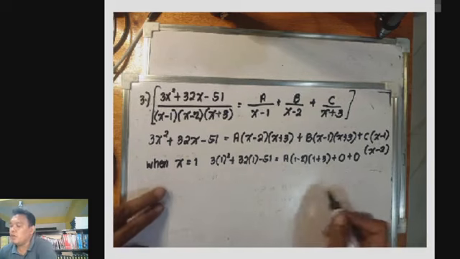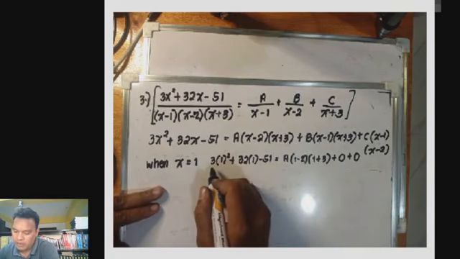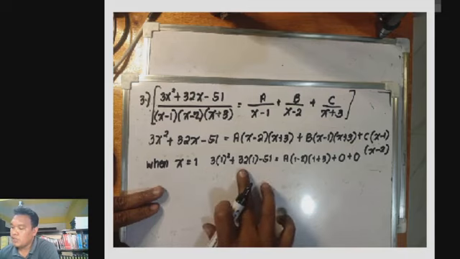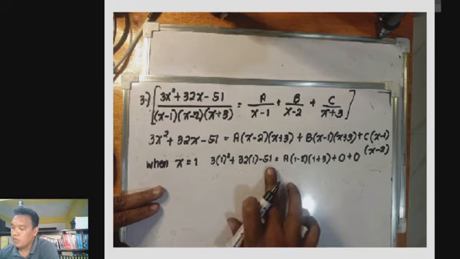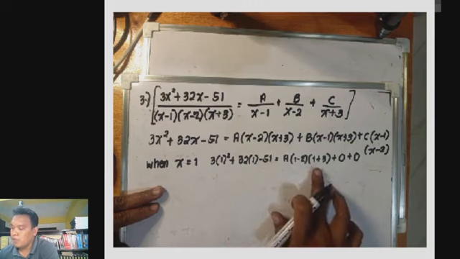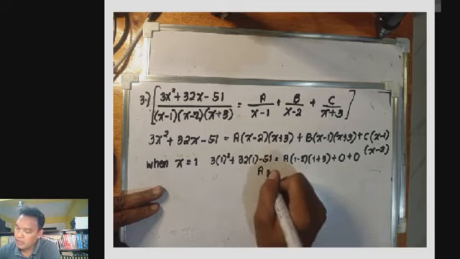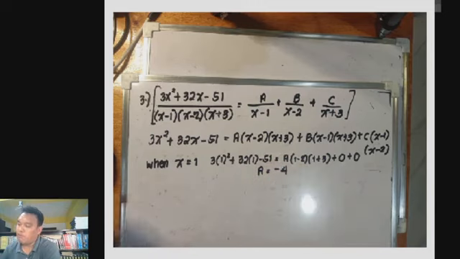Okay, so we have 3 plus 32 minus 51, then this becomes 4 times negative 1. So we have a is equivalent to negative 4.